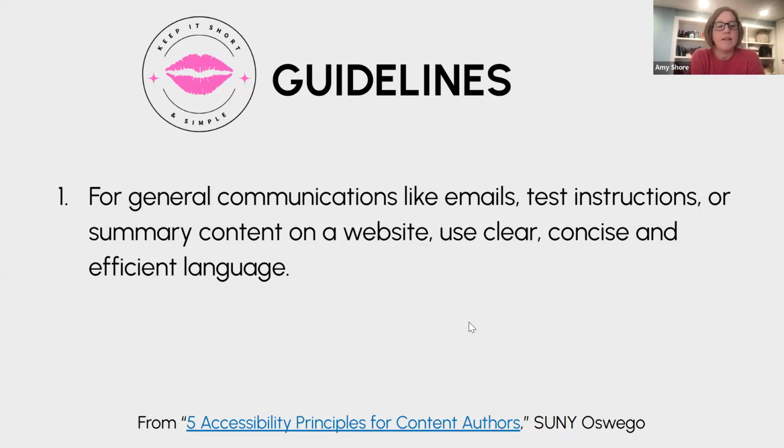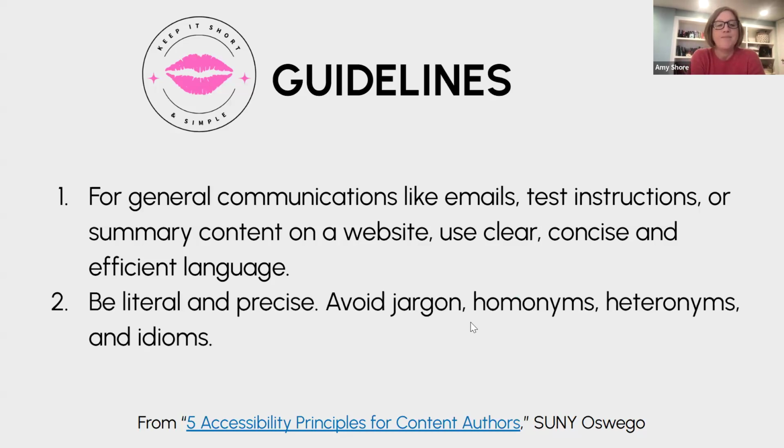But the 2 guidelines for plain language are: 1, for general communications like emails, test instructions, or summary content of a website, use clear, concise, and efficient language. 2 is be literal and precise. Avoid jargon, homonyms, heteronyms, and idioms.